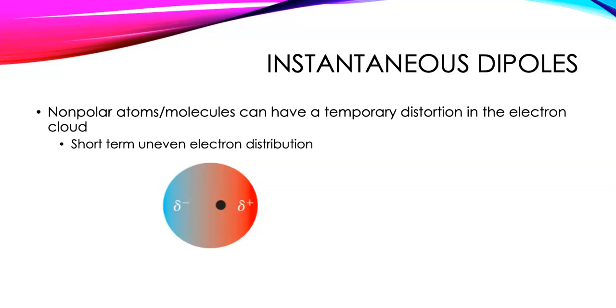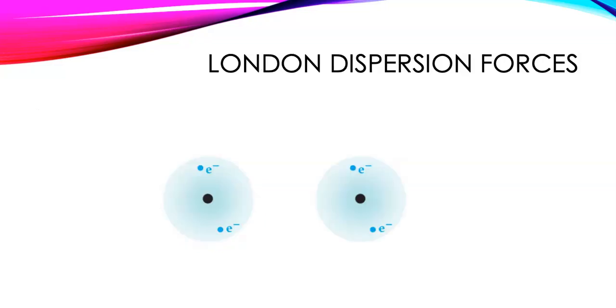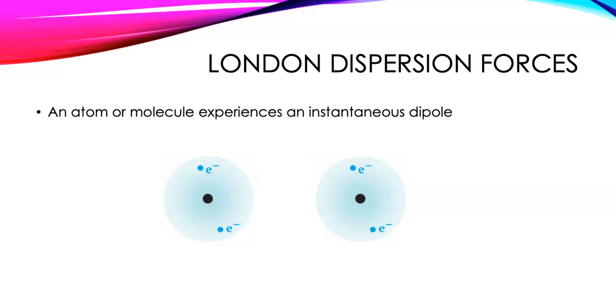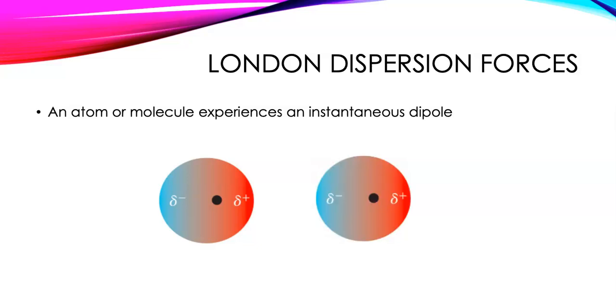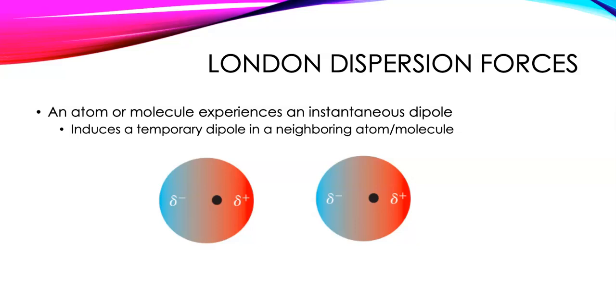As long as the electrons are sort of hanging out both on the same side temporarily, time average though, it's still a neutral nonpolar species. So if an atom experiences an instantaneous dipole, because both electrons end up on the same side, and it ends up having, temporarily, a partially negative region and a partially positive region, it can then induce a dipole in its neighbor.